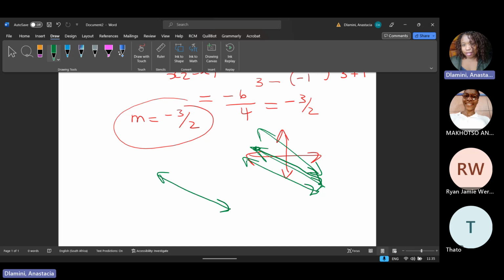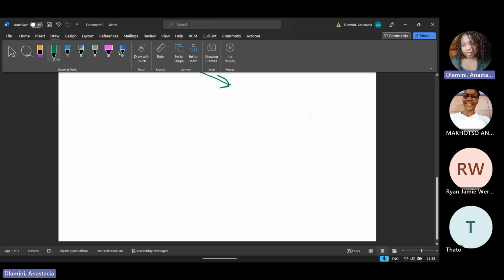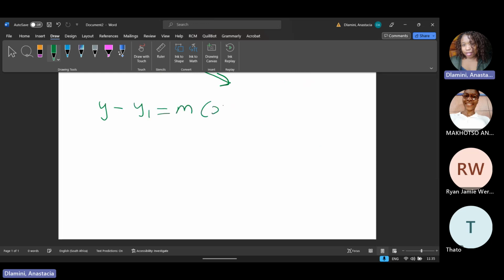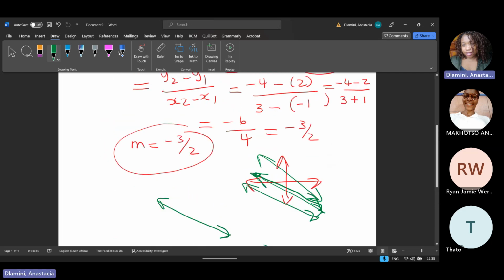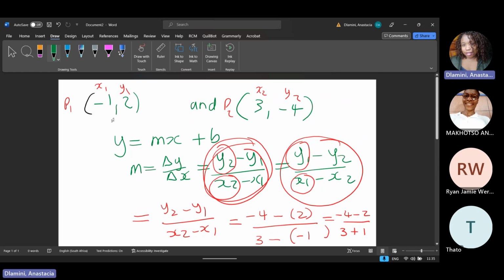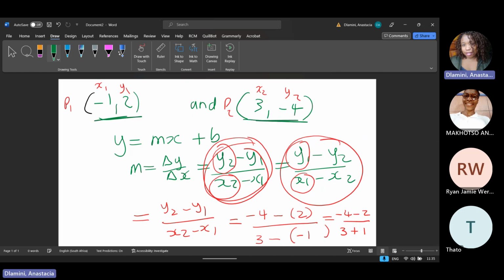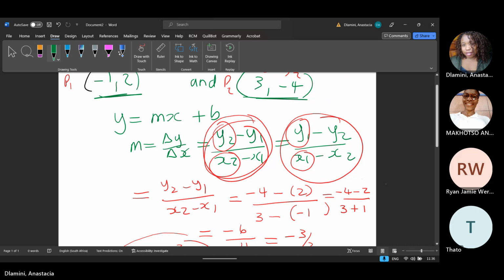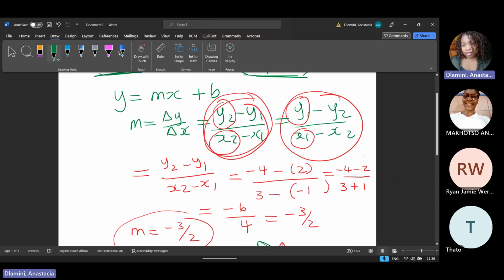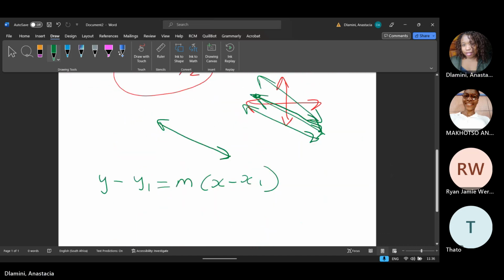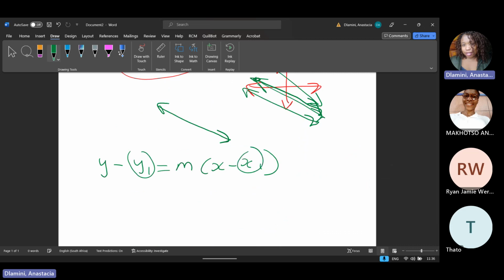Now that we found our m, we're going to use y minus y1 equals m times x minus x1. You can choose either this point or this point to substitute to get the values for y1 and x1.